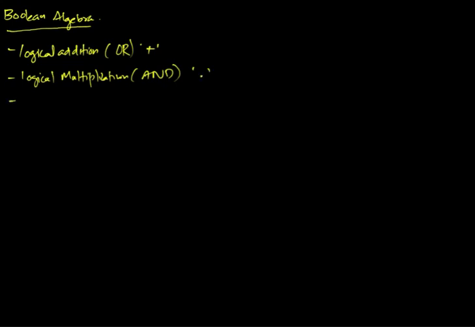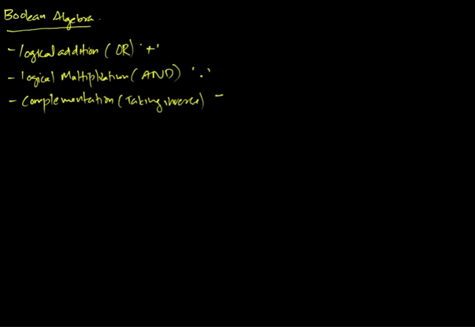The third basic operation is complementation, which is taking the inverse, usually denoted by a bar over the variable which is to be complemented. So these are the three basic operations in a Boolean expression.